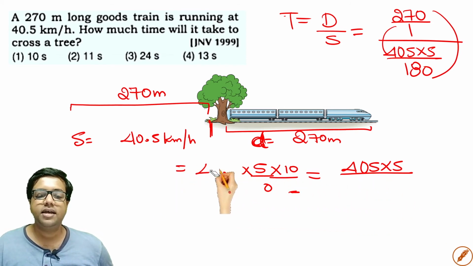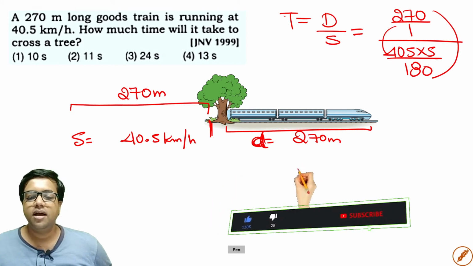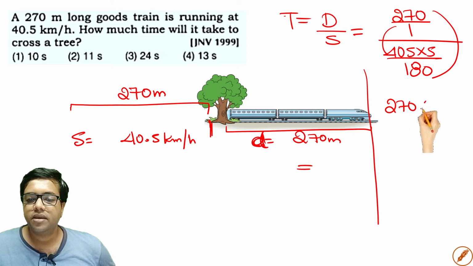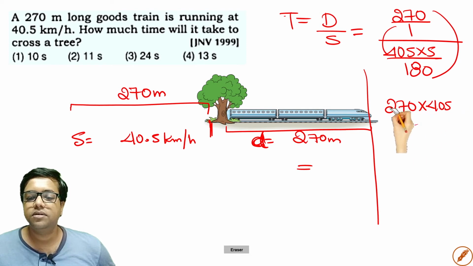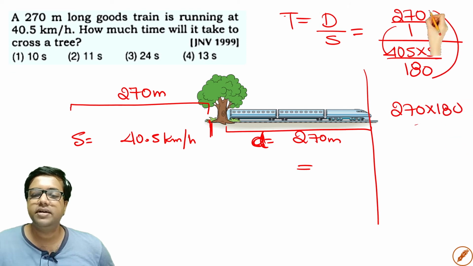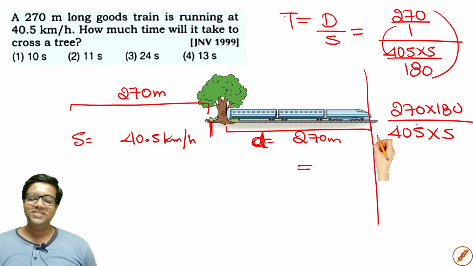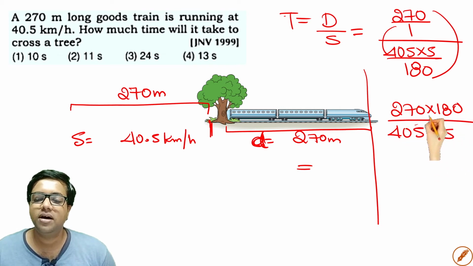So I can write it as, let me write it here. 270 into 405 into 5 divided by, no, this is totally wrong. 270 into 180 divided by 405 into 5. So we can do this division. All of them are divisible by 5.